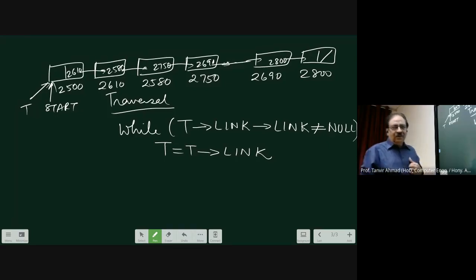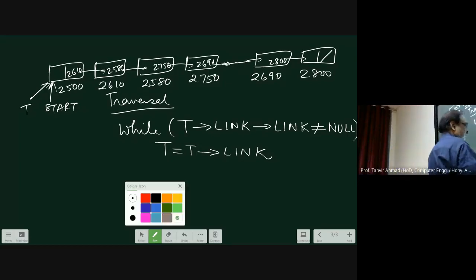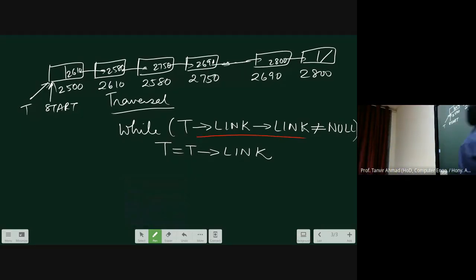Now, if I am at this place, what is the value of this? What is the value of this? T of link of link. What is T of link? It's 2610. What is T of link of link? It is the link part of 2610. It is nothing but 2580.